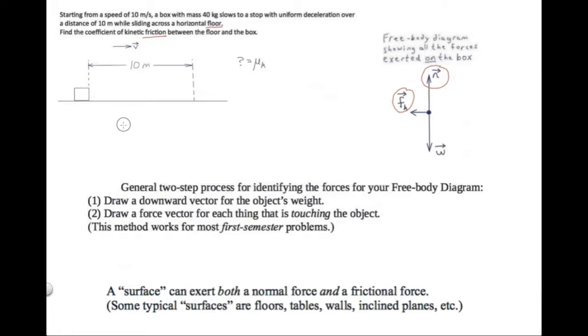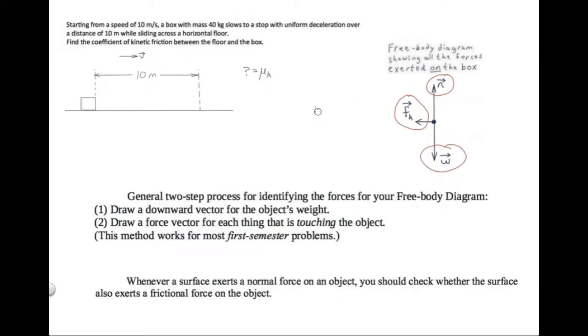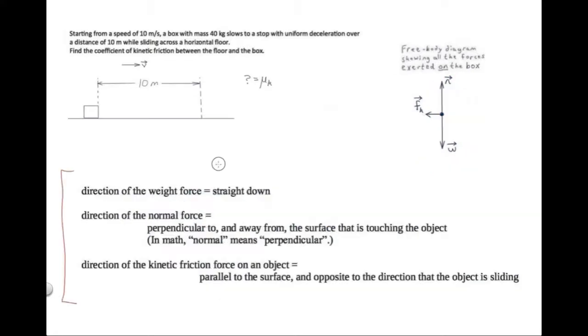The box is sliding across the floor, so we apply kinetic friction, not static friction. There's nothing else touching the box besides the floor, so there are no other forces to include in the free body diagram. We use these rules to determine the directions of the forces.